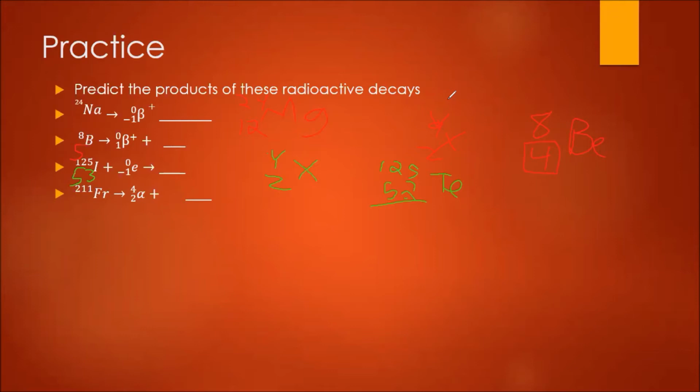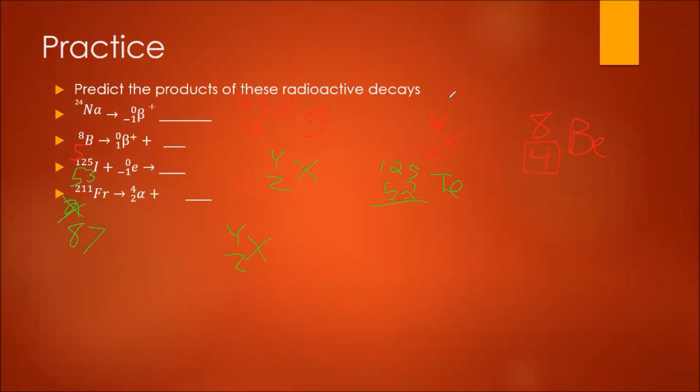Finally, francium. Francium is in the bottom left corner, atomic number 87. I'm looking at the atomic number and the atomic mass, 223. If that undergoes alpha decay, here's the only way we're losing mass.